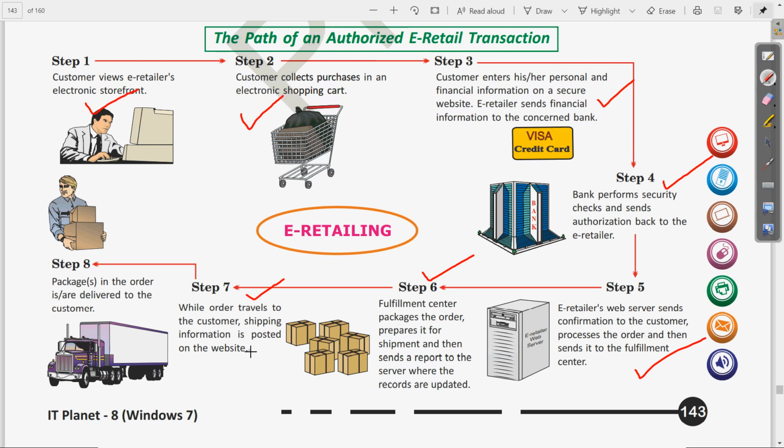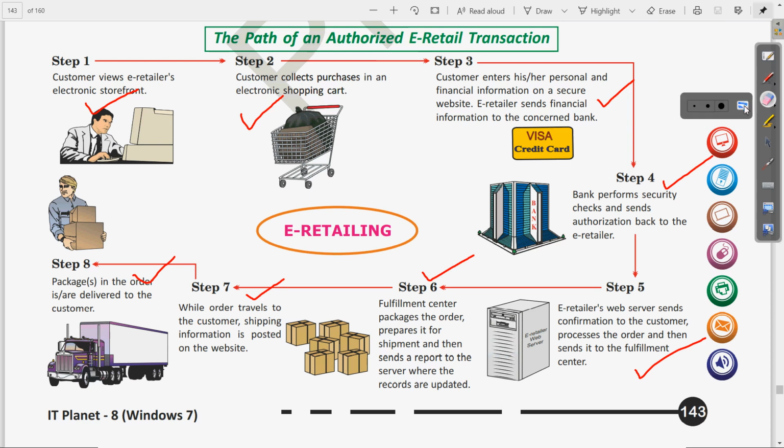There are tracking IDs using which we can track the current status and location as well. And then in the last step the product is delivered to our doorstep. So these are the steps involved in an e-retail transaction.